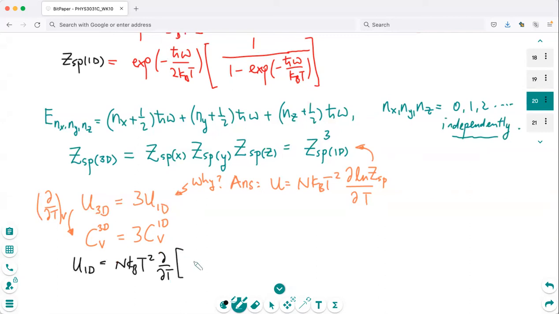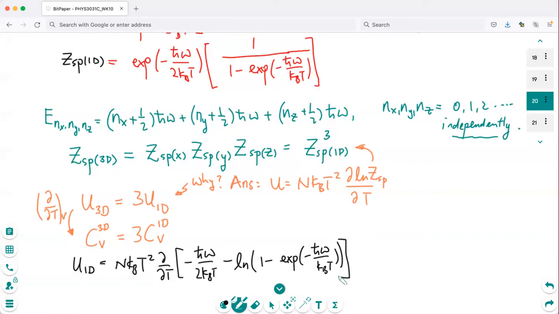So I will have a minus h bar omega over 2 kBT. And then I have this term in the bracket, which, because it's in the denominator, I want to write in this form. So there's a minus sign in front. So this is 1 minus e to the minus h bar omega over kBT.